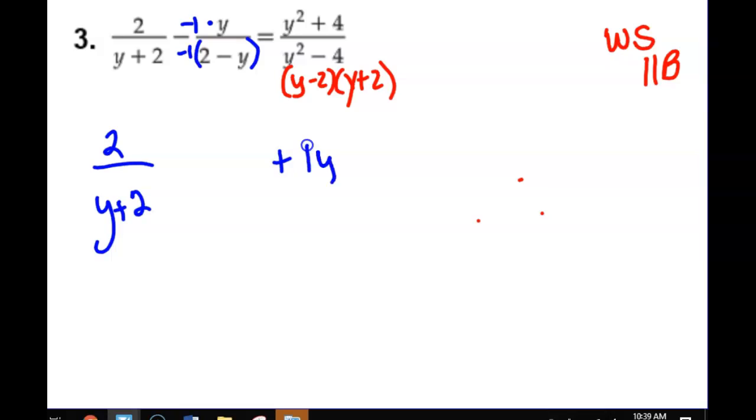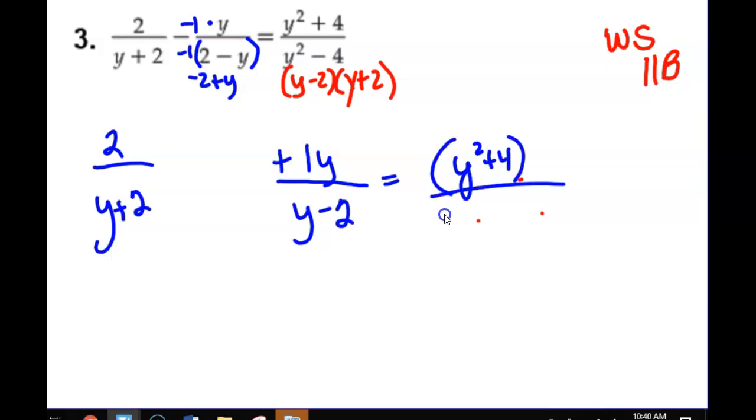Positive 1y. And now down here, this becomes a negative 2 plus y, which is the same as, there we go. And on the other side, we have a y squared plus 4. And down here is a y minus 2 and a y plus 2 if we factored it.